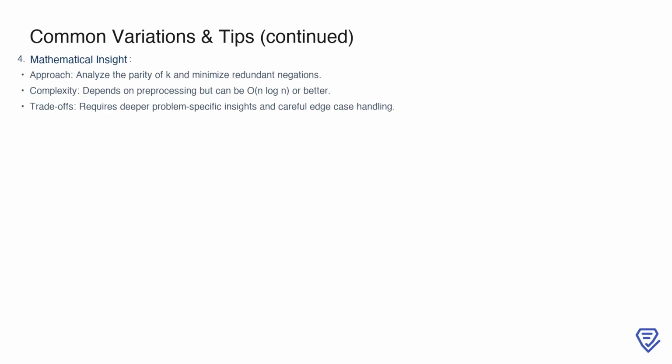These insights often lead to solutions that are more efficient than brute force or even sorting-based approaches, sometimes achieving complexities as low as n log n, or better, depending on preprocessing. However, this method requires a deeper understanding of the problem and meticulous handling of edge cases. It's a powerful strategy for advanced problem solvers willing to explore beyond standard approaches.